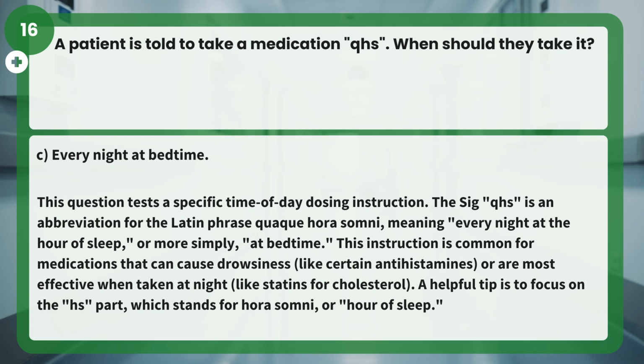The SIG QHS is an abbreviation for the Latin phrase quaque hora somni, meaning every night at the hour of sleep, or more simply, at bedtime. This instruction is common for medications that can cause drowsiness, like certain antihistamines, or are most effective when taken at night, like statins for cholesterol. A helpful tip is to focus on the HS part, which stands for hora somni, or hour of sleep.